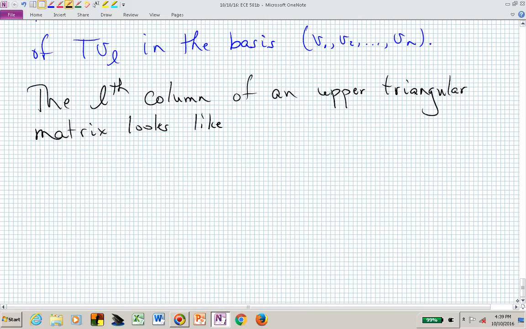Sometimes it helps to just try to draw this. There's our nth column of our matrix.